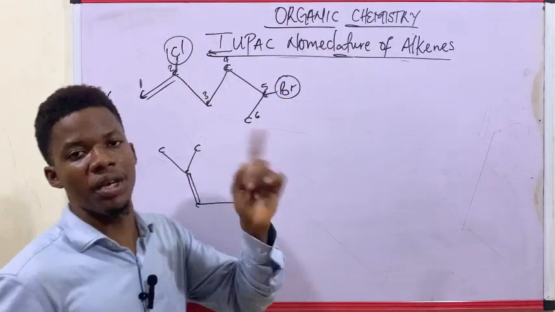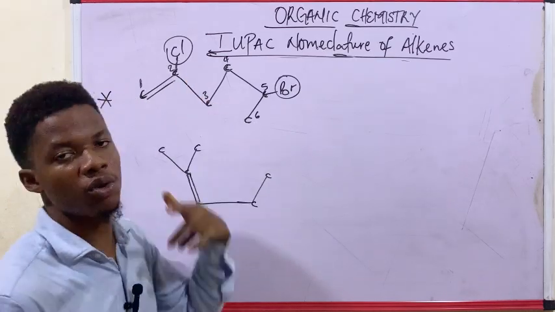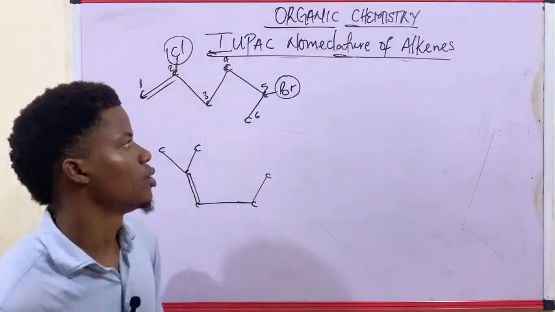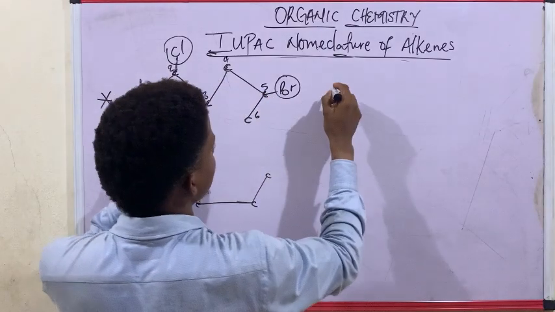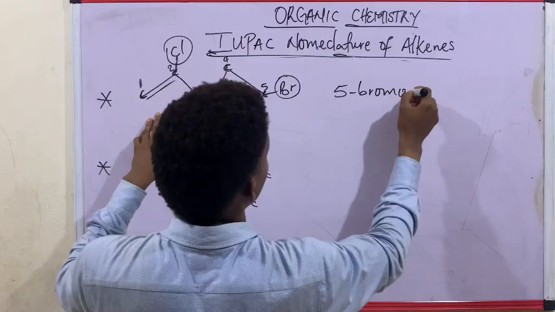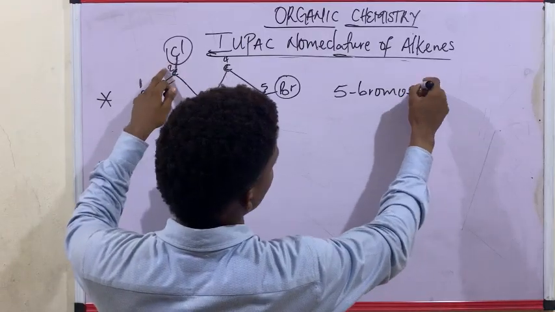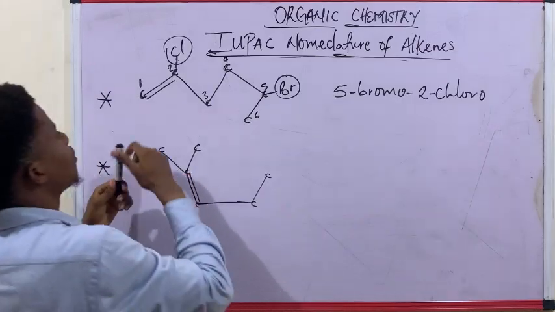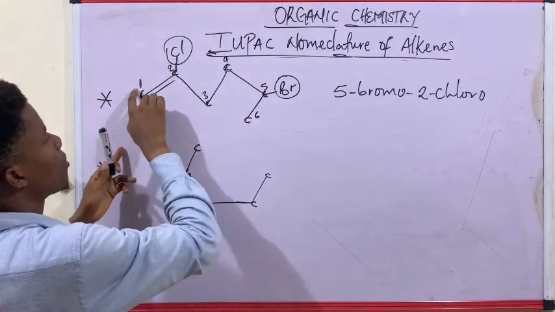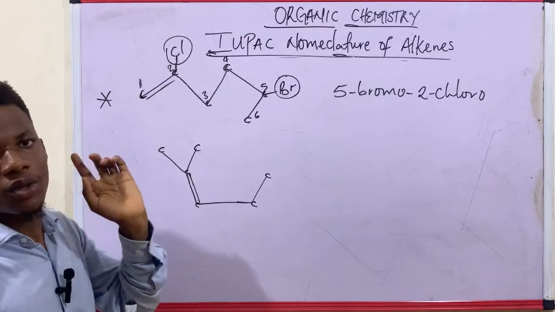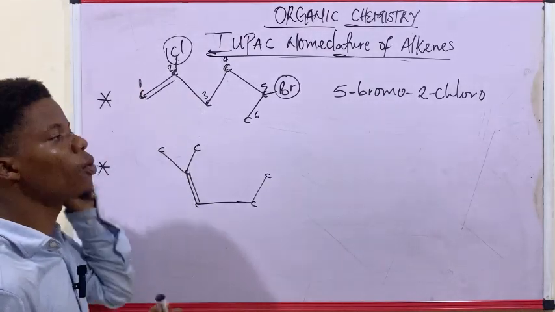Now, between B, bromine, and C, chlorine, which one comes first alphabetically? It is B. So in naming this compound, it will now be 5-bromo, 2-chloro. Then, you can see the double bond is between carbon 1 and 2. Between 2 and 1, which one is smaller? 1. So we give the double bond to carbon 1.